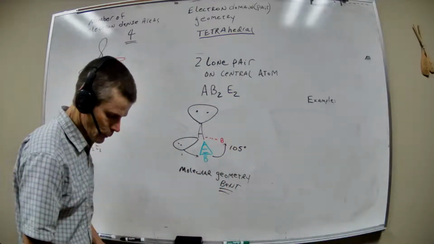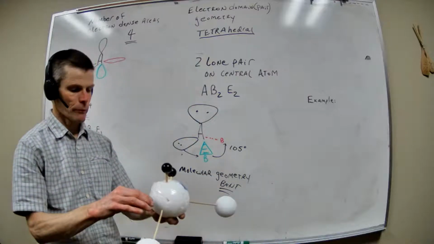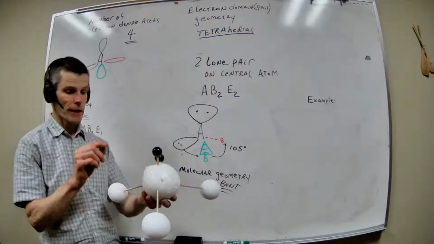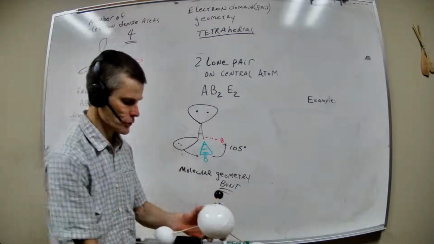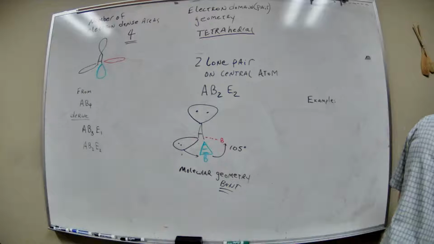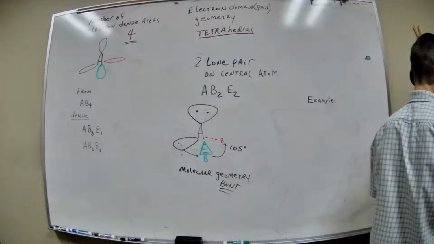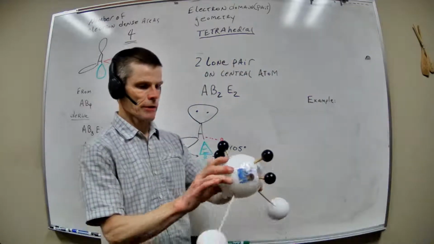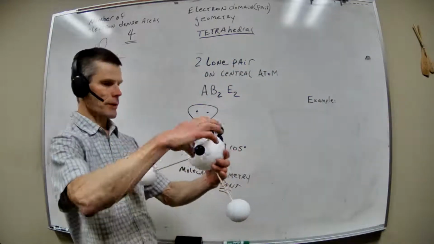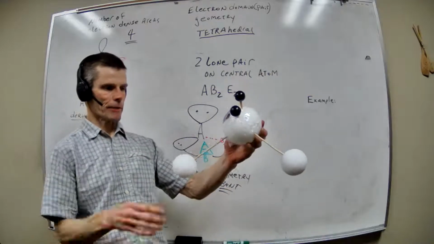So let's imagine what we've done now. Okay, that was the AB3E1. So what we're doing is we're putting another lone pair of electrons on this model. And there's our lone pair of electrons. So we have 2 lone pair of electrons, and we have the atoms that we see in the bond.